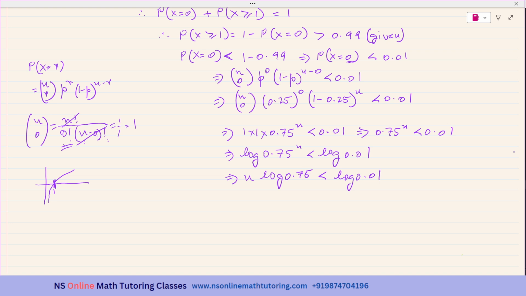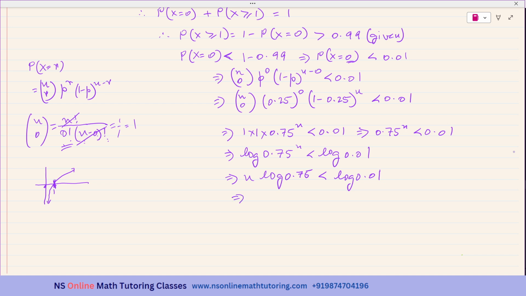All the values of x between 0 and 1 will have their log values as negative numbers. 0.75 is more than 0 but less than 1, so its log will be a negative number, and whenever we divide or multiply an inequality by a negative number, the inequality sign gets changed.